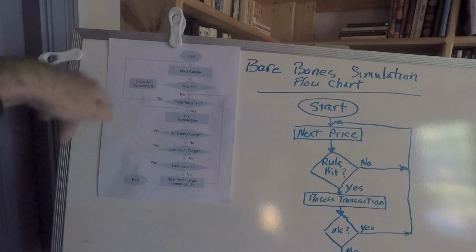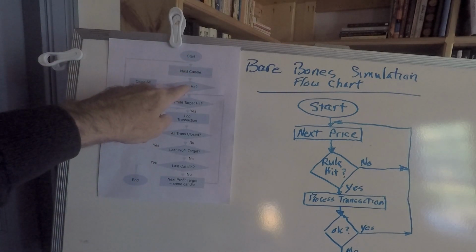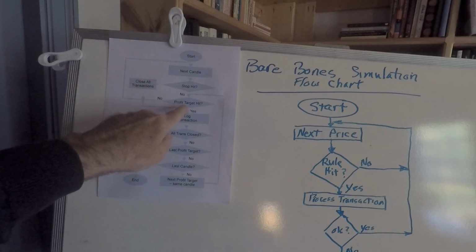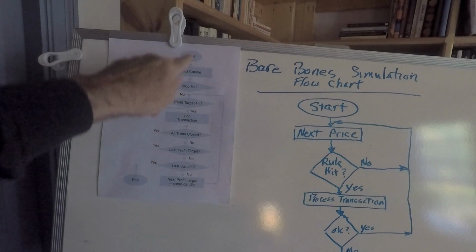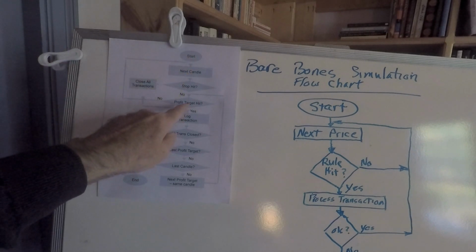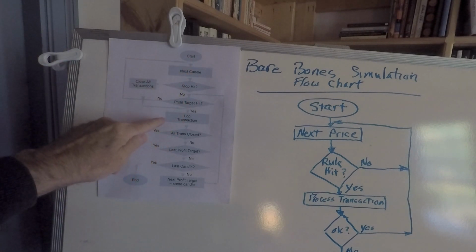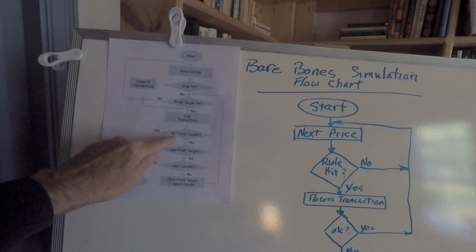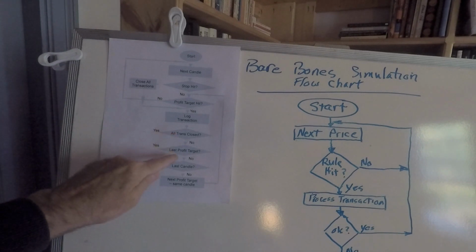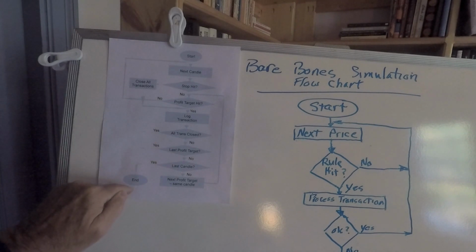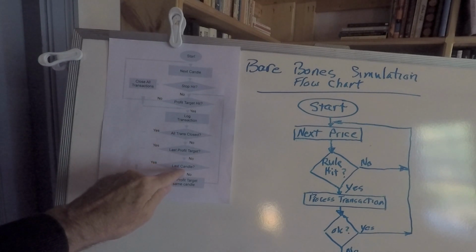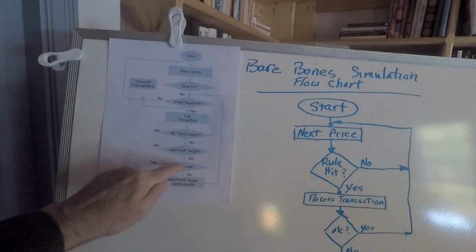If I go back and I do, is a stop hit? No. Then is a profit target hit? If no profit target is hit, then I go back up and I go to the next candle. If a profit target is hit, then I log the transaction. Are all the transactions closed? No, because I just did one. Was it the last profit target that was hit? If it is, the simulation's over. Is it the last candle? If it is, the simulation is over.